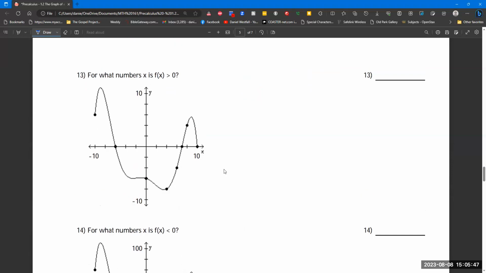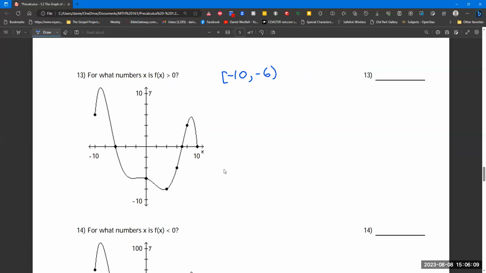For what values of x is the function positive? Well, it starts at x equals -10. It's going to be positive there, and it goes down to -6.